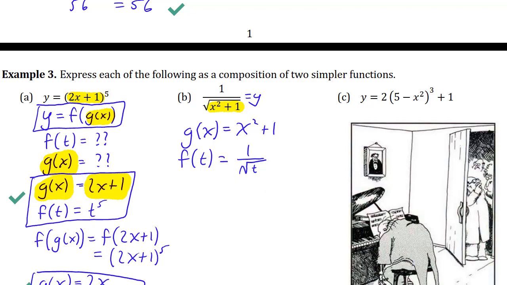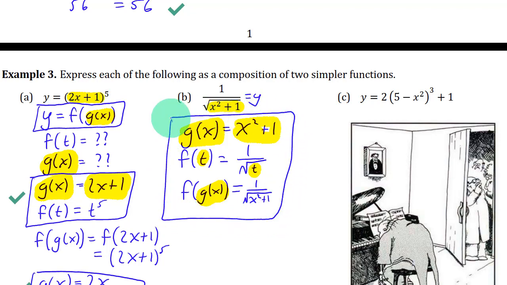So again, if you do f of g of x here, and you replace the input t with g of x, which is x squared plus 1, you'll get 1 over the square root of x squared plus 1. So that's how that works.